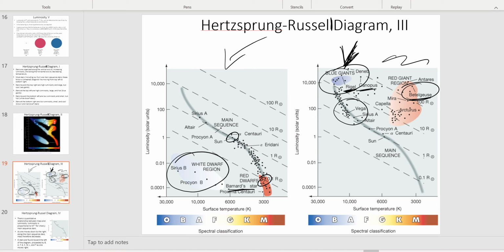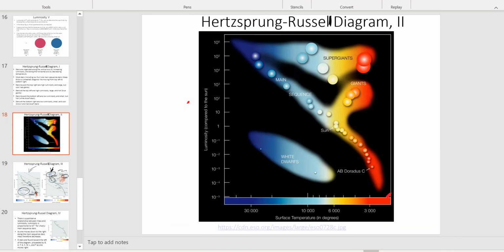I mentioned to you that along the horizontal, there's a temperature axis. I didn't actually spend too much time emphasizing this. I did mention that these are hot stars, these are cool stars. Hopefully it was clear that this is hot, this is cool, right? Blue means hot, red means cool.